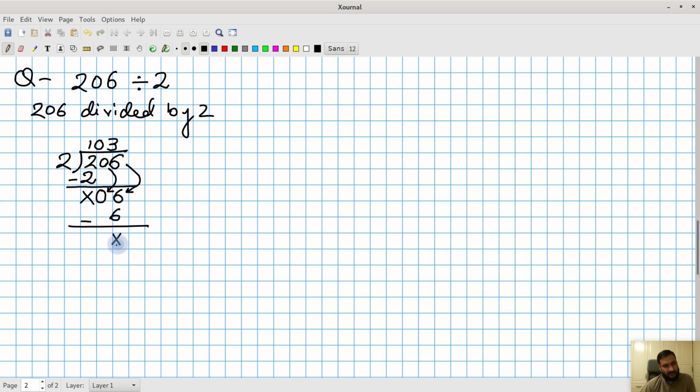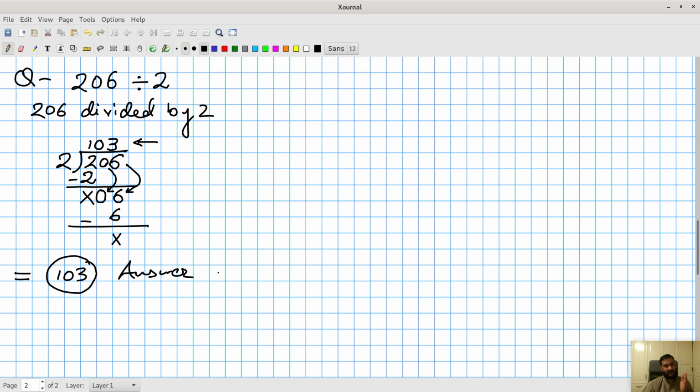And this is remainder, which is 0, and we have completed all our digits here. So this is our answer. So this means 103 is our answer, right?